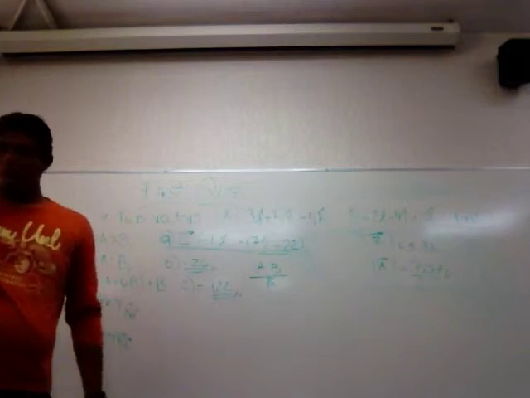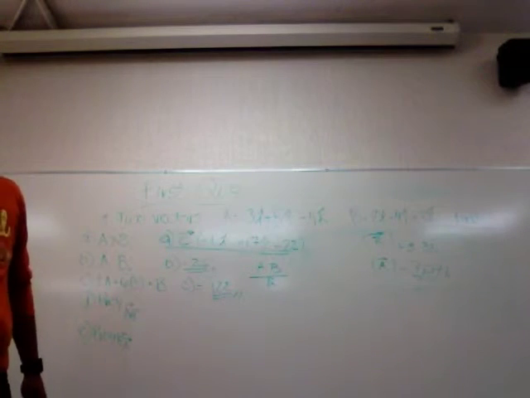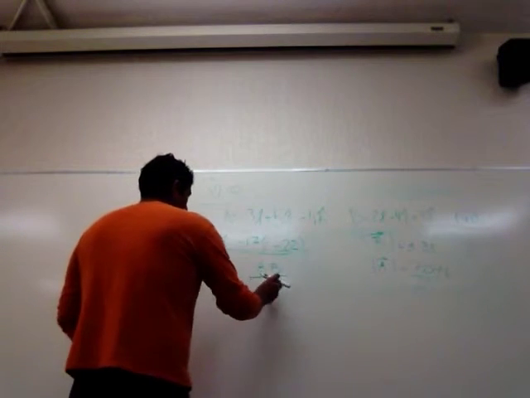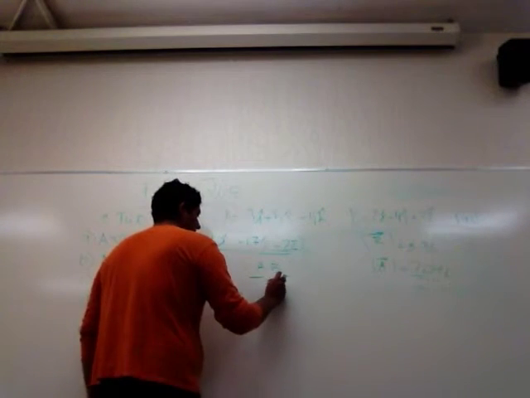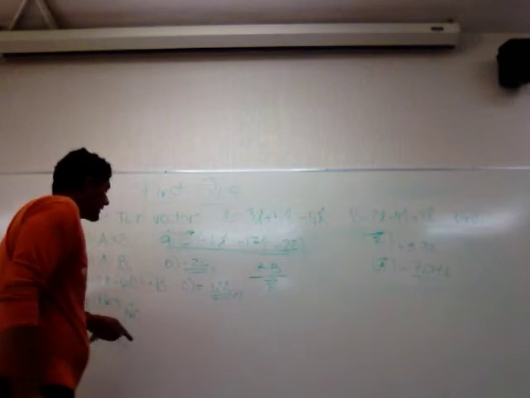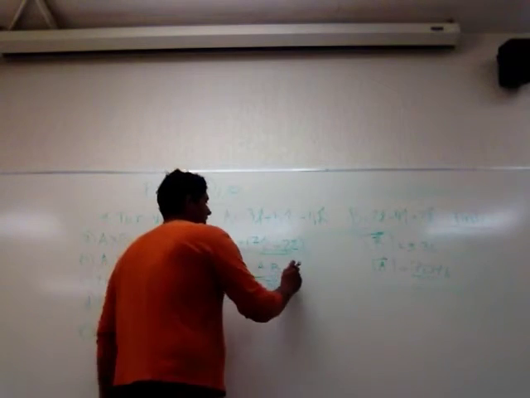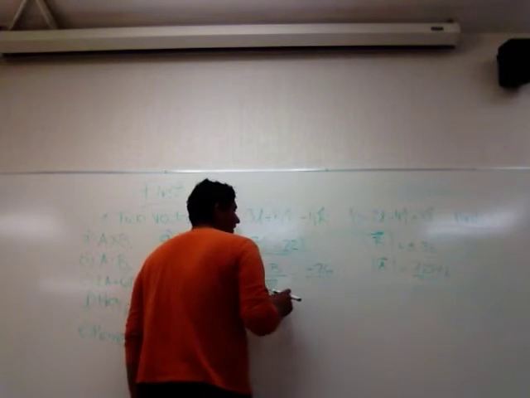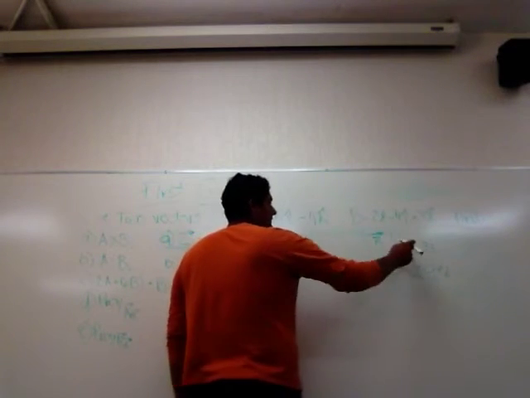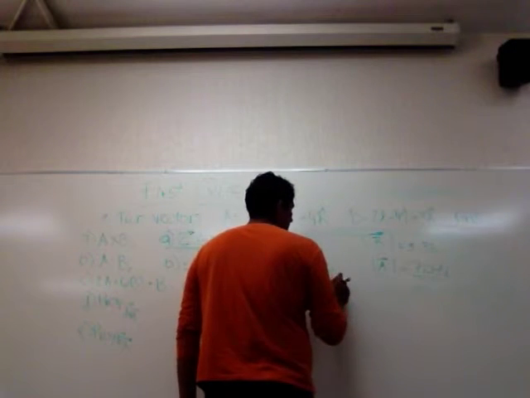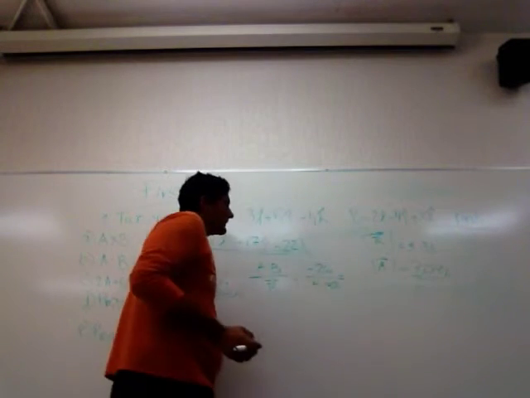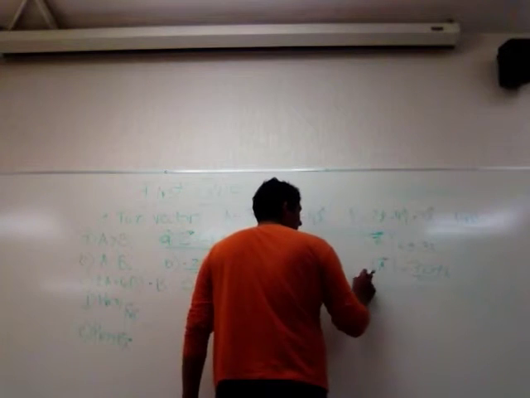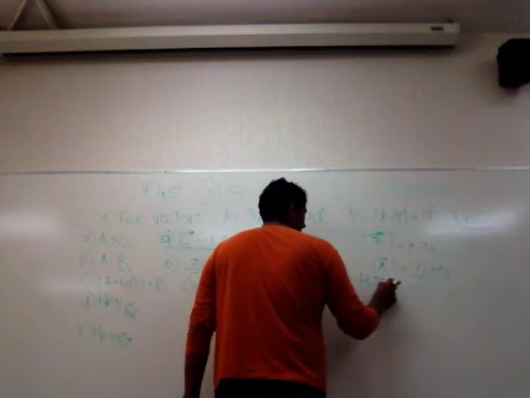Yeah. So as we in B, this is for the first one, and we need the minus 26 divided into the magnitude of it, that is 5.38, that is equal to minus 4.83.